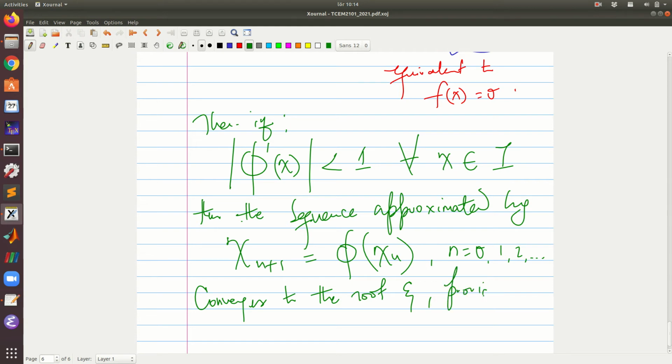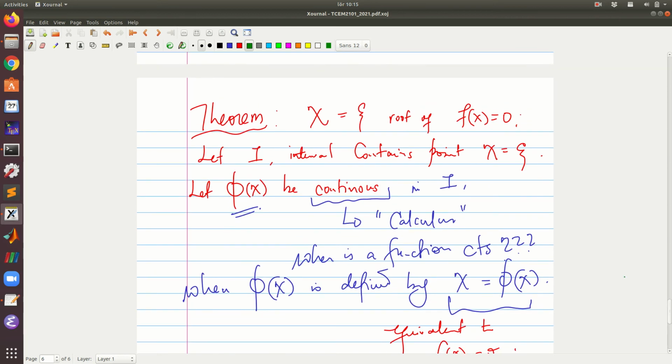provided, wow, there are many conditions, provided the initial approximation is chosen in the interval I. Just a recap, we have done quite a lot.